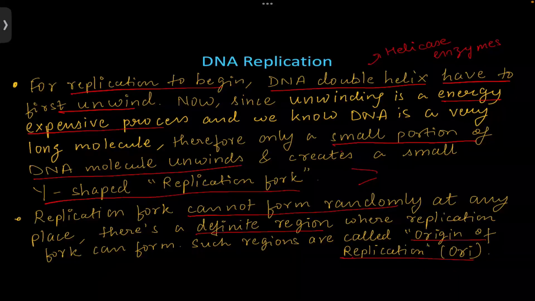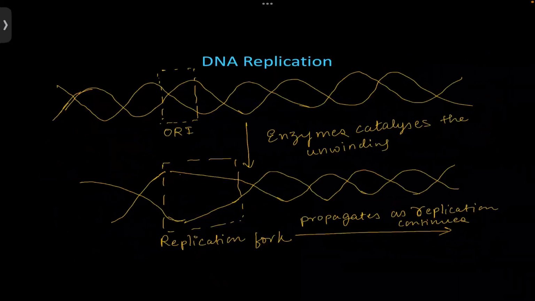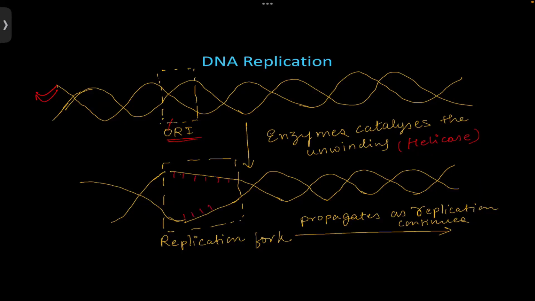Now, say this is a DNA molecule, and let's say this is the origin of replication. The enzymes that catalyze the unwinding, the helicase enzymes, come here and unwind, or rotate the helix in the opposite direction, thereby exposing these nitrogenous bases.